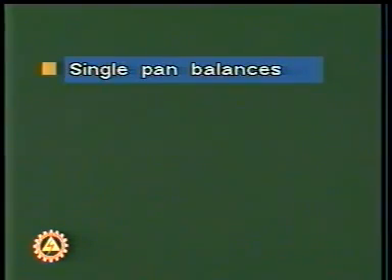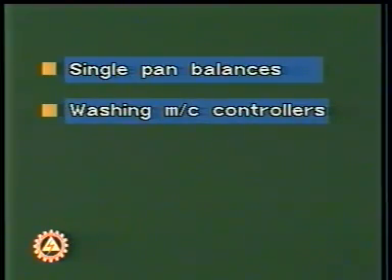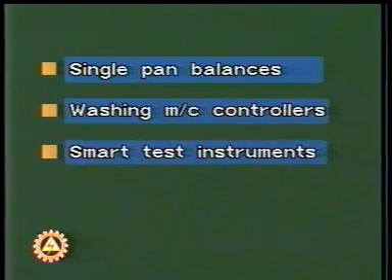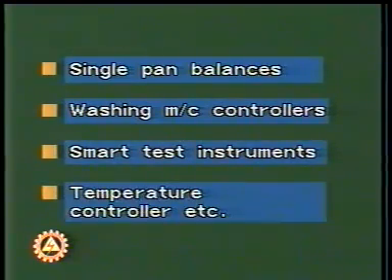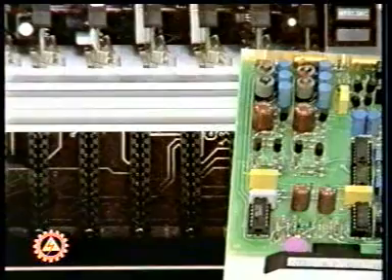Very small systems like single pan balances, washing machine controllers, smart test instruments, temperature controller, etc. may be made out of a single PCB containing all the essential elements.